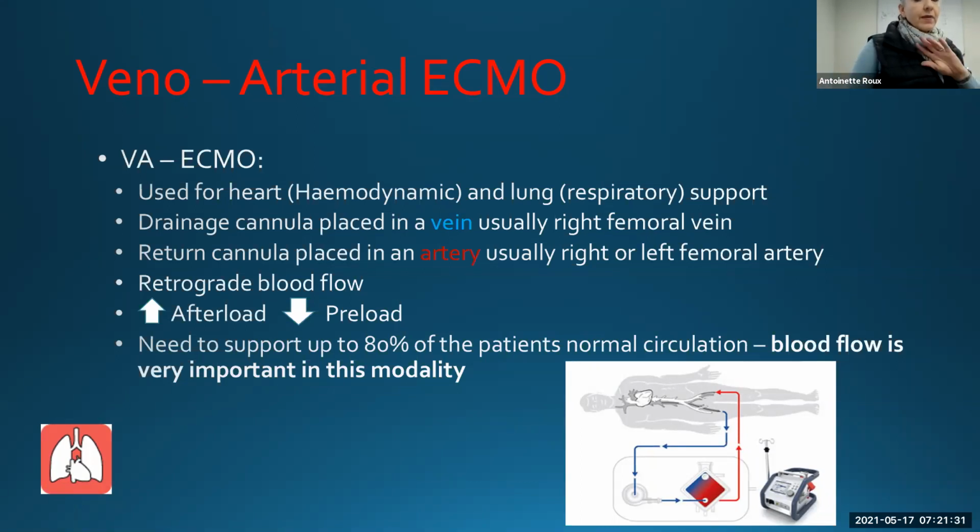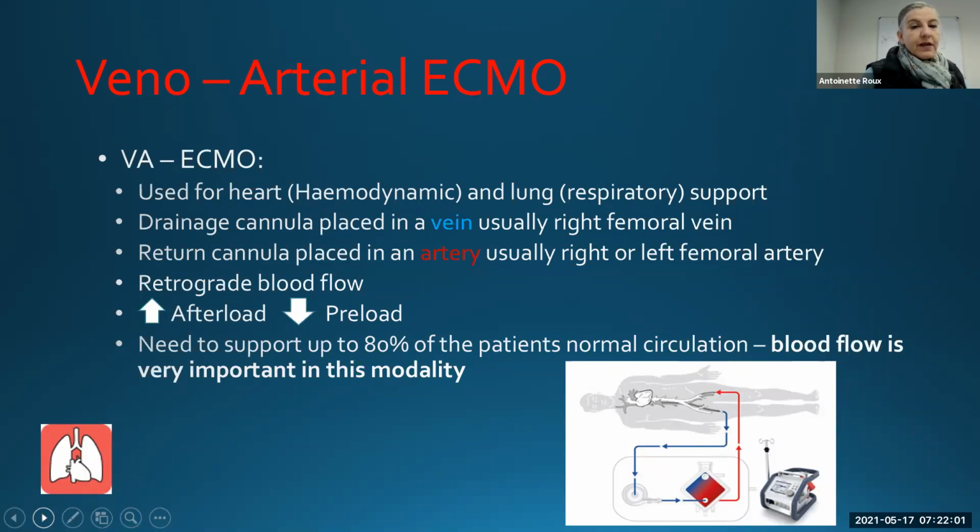If it's higher up, the possibility is there that you can actually drain too much of the blood out of the atria and the ventricle. Then the return cannula is placed in an artery, usually the right or the left femoral artery, and we use retrograde blood flow, which is against the normal blood flow. So we increase the afterload and we decrease the preload with this modality.